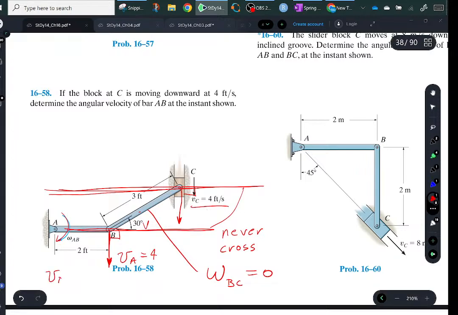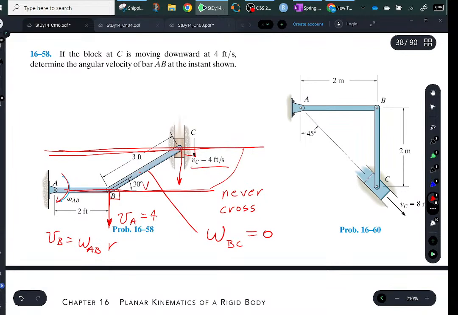Velocity of B is equal to omega AB times R. I don't think I can write across the page, it just stops, but I can go to the next page.